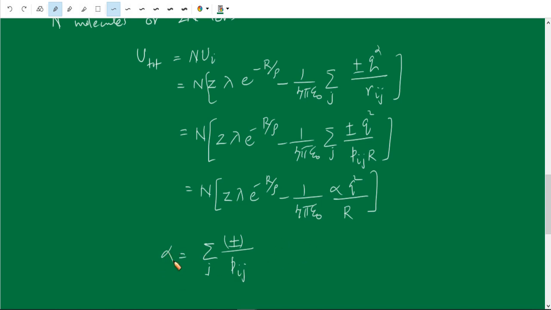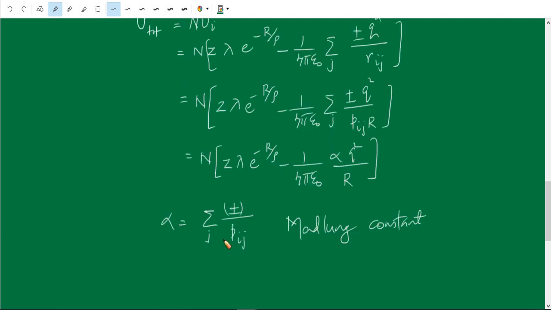This constant alpha is called the Madelung constant. The Madelung constant is the quantity that comes in this summation, equal to the sum of plus or minus 1 by pij. The plus sign is for the interaction of like charges in an individual pair, and the minus sign is for unlike charges.